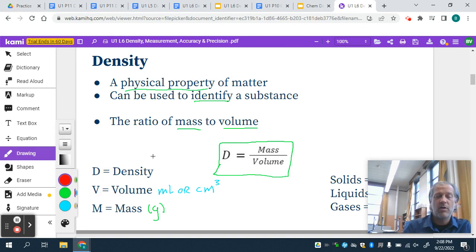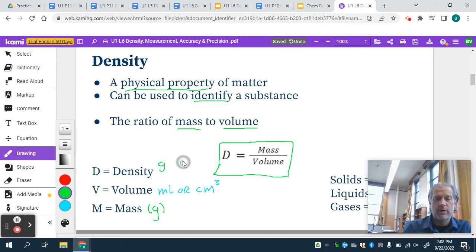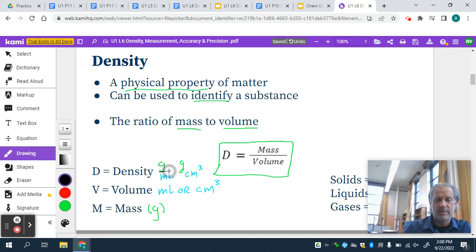And the unit for density could be grams over milliliters or cubic centimeters. And we represent that as a fraction, like so. So the unit could be either of these things.